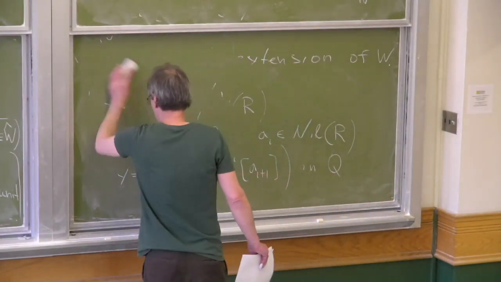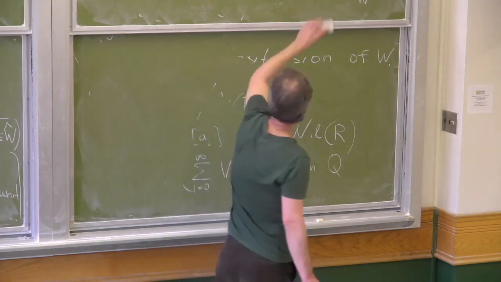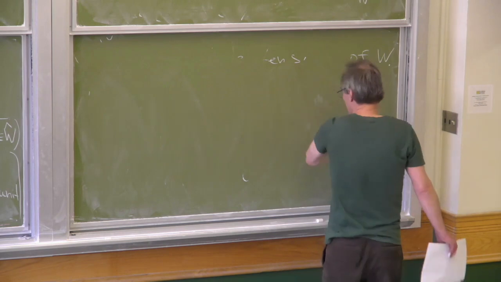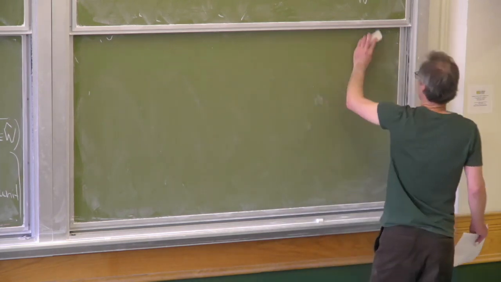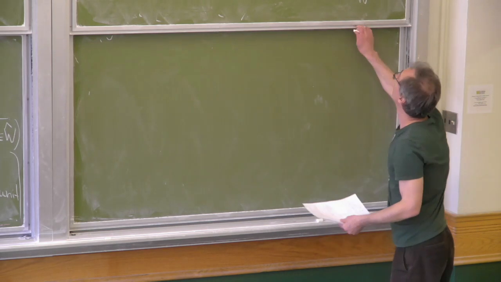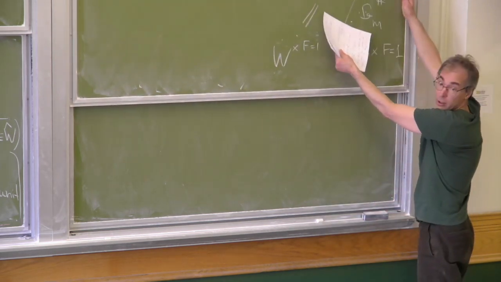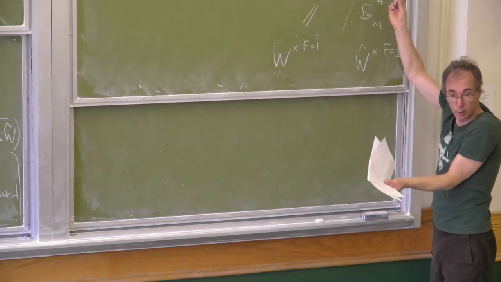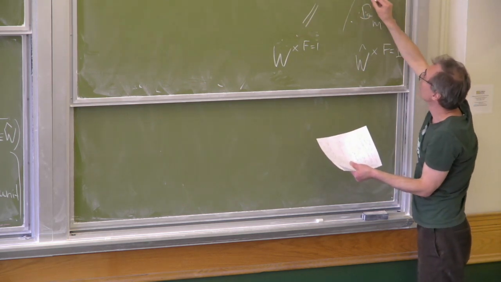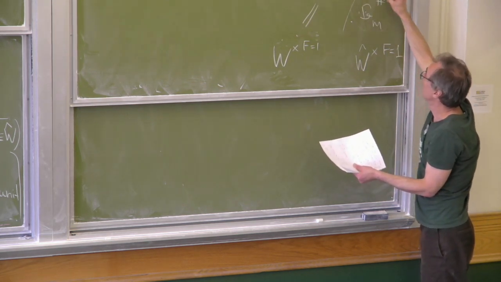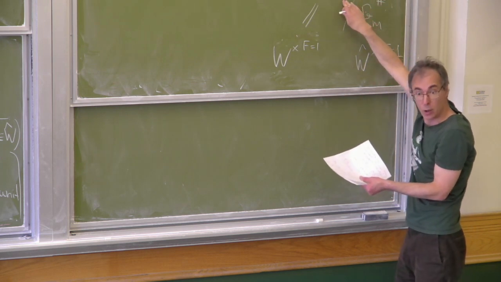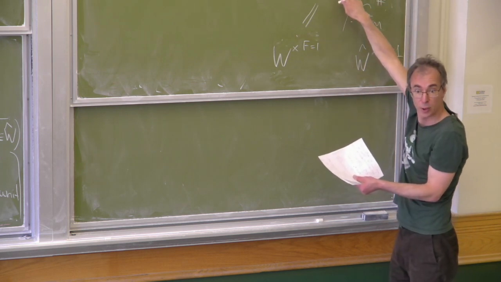Well, let's try to compute this quotient here. It's not that easy, because what is by definition an R-valued point of this quotient? It's a torsor over Spec R for this group, together with a trivialization of its push out here.